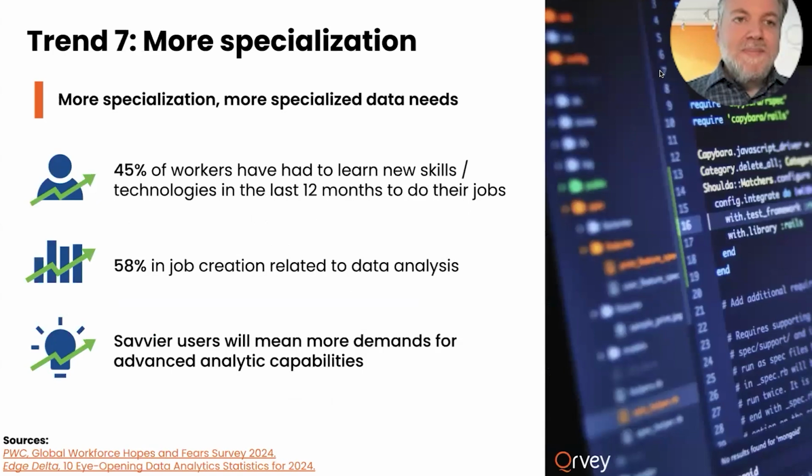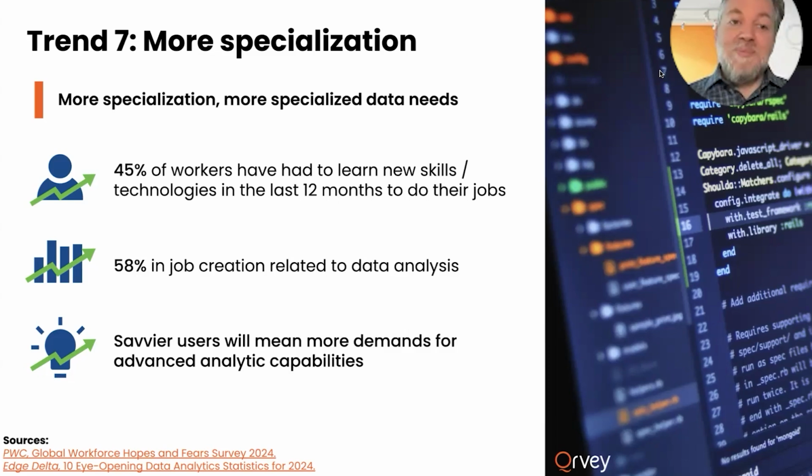Trend number 7 we'll talk about is really all about specialization. Again, I think this trend is more about what the expectations of workers are. As applications get more and more specialized and sophisticated, the actual end users and workers within those applications are learning those new skills and technologies. And a lot of that's in the realm of data and analysis.